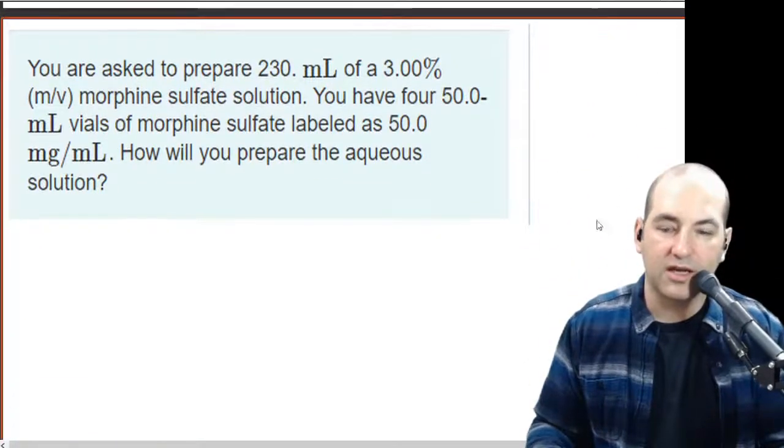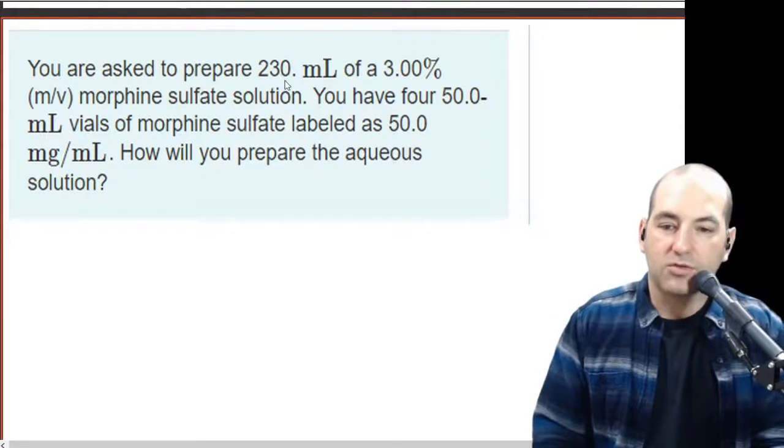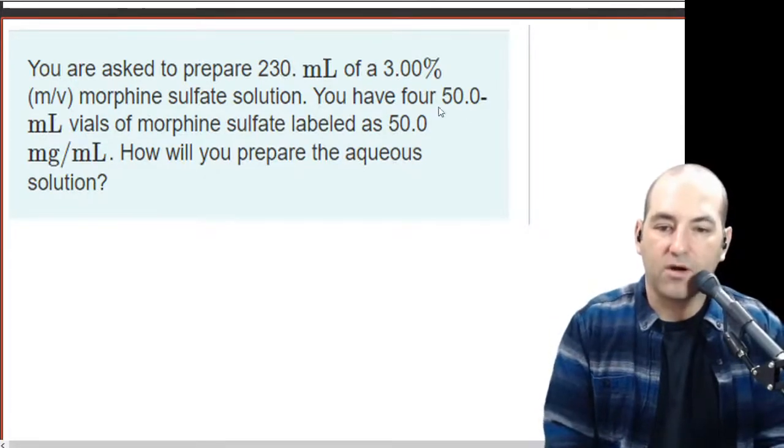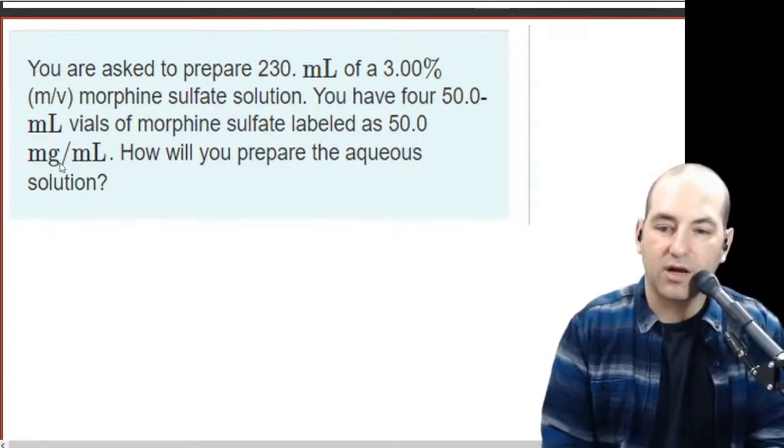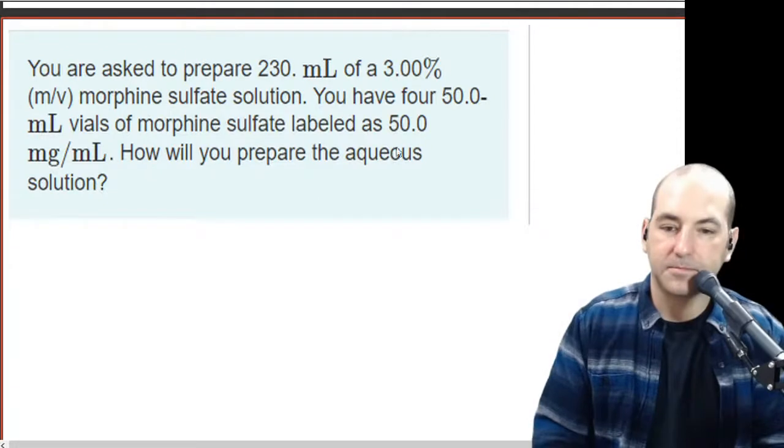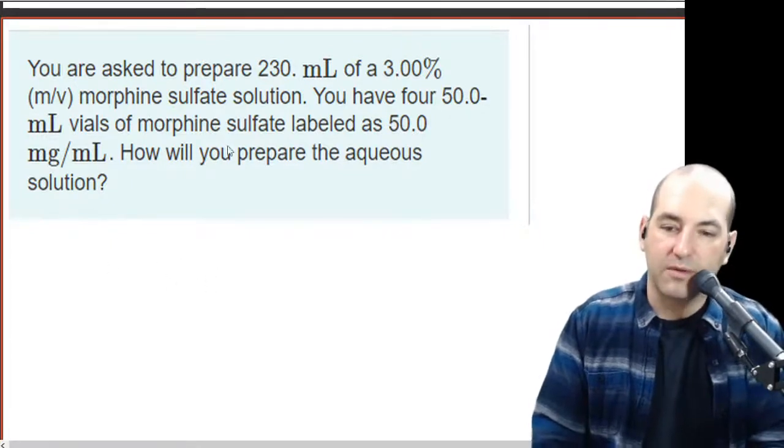So in a question like this, if we want to prepare 230 milliliters of a 3% solution, and we have 4 50 milliliter vials labeled as 50 milligrams per milliliter, well, grams per milliliter is percent.